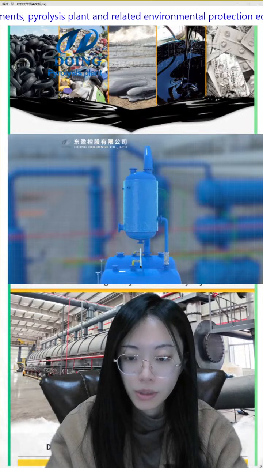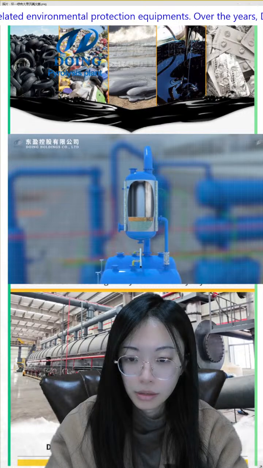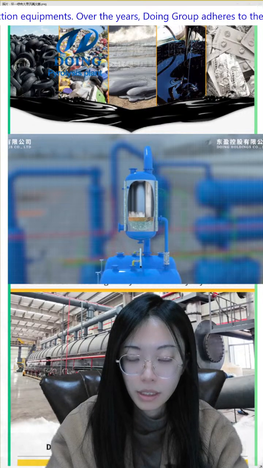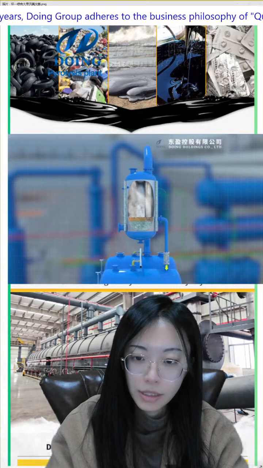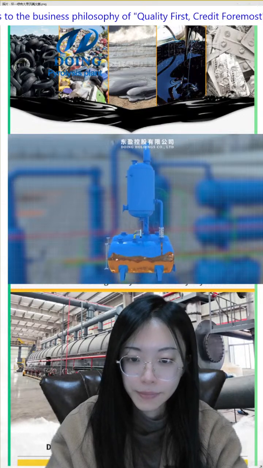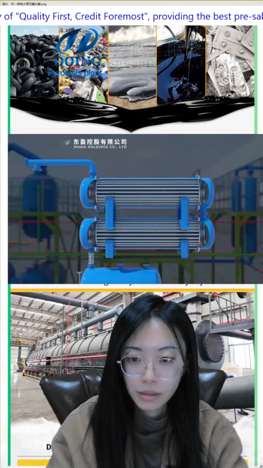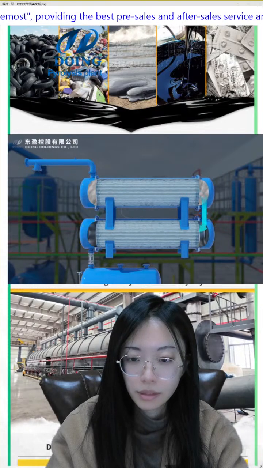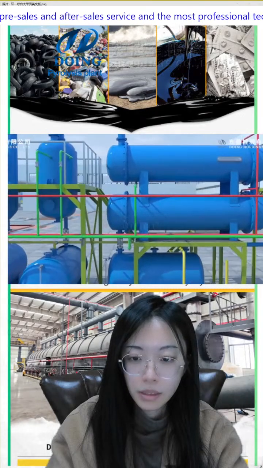And this is the oil water separator. It can condense the oil, and there's also a safety device to prevent it from flowing back to the reactor, and it can also purify the gas. And these are vertical condensers, which have the largest condensing area.